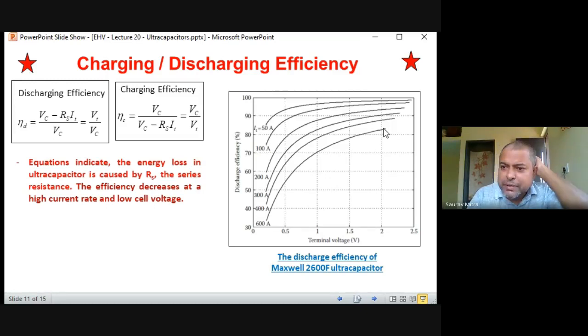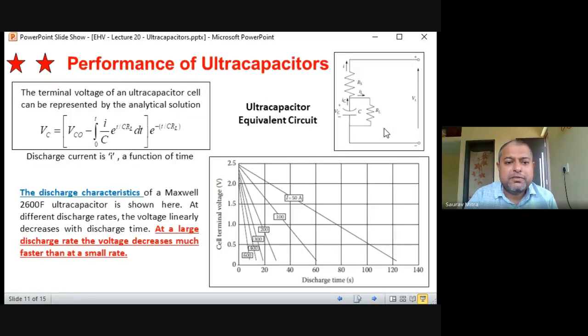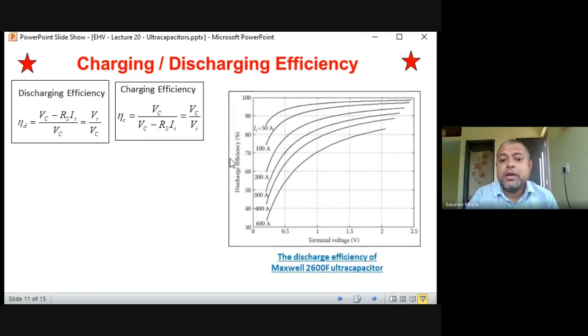So if you are talking about a Maxwell 2600F, it has a terminal voltage of 2.5 volt. But if you are asking for a huge amount of current from it, 600 ampere, it will not start from 2.5 volt. It will start from almost 80% of 2.5 volt.